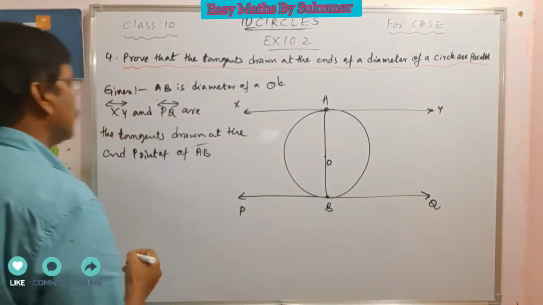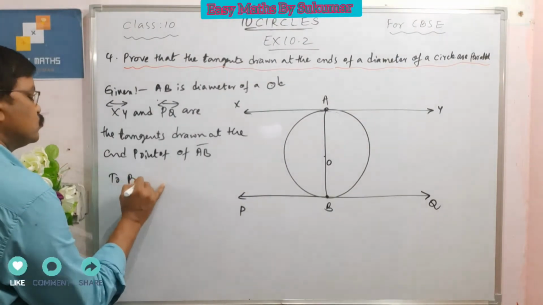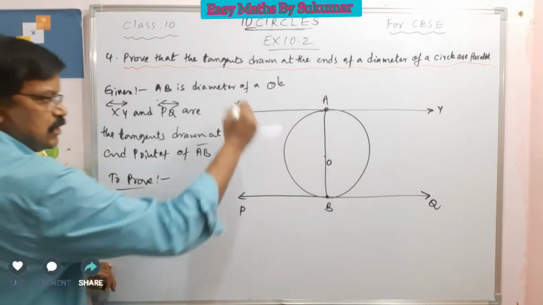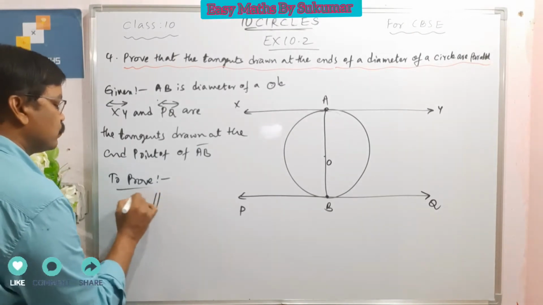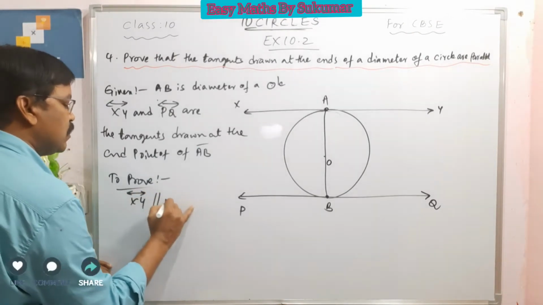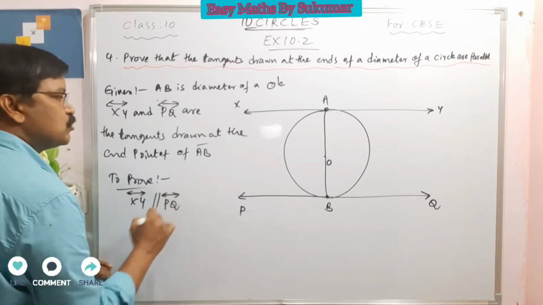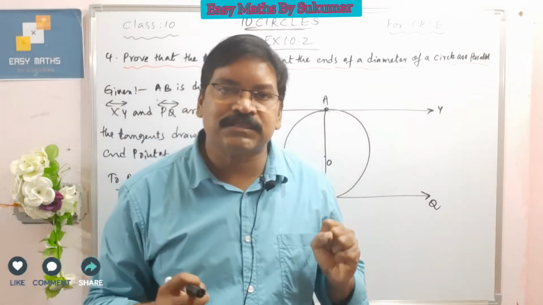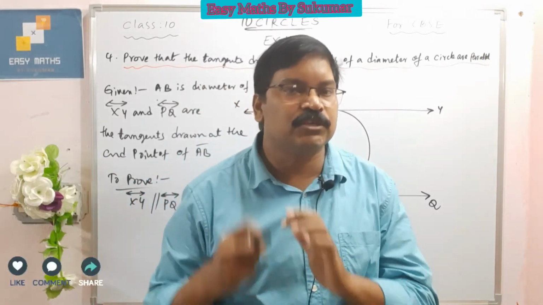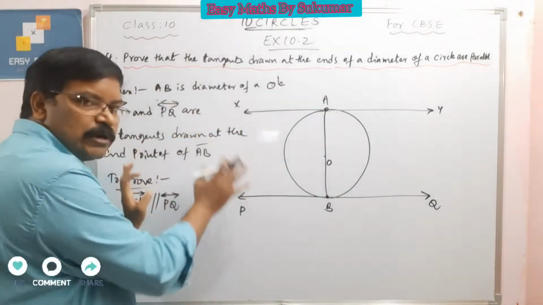See my dear students, here what we have to prove is that XY is parallel to PQ. Actually XY and PQ are the tangents drawn at the end points of the diameter of a circle. Okay, I hope you understand up to here.